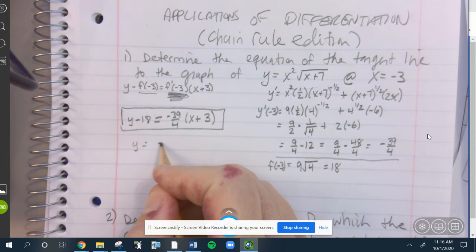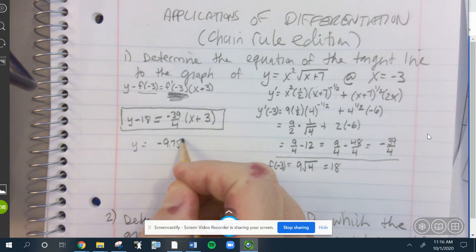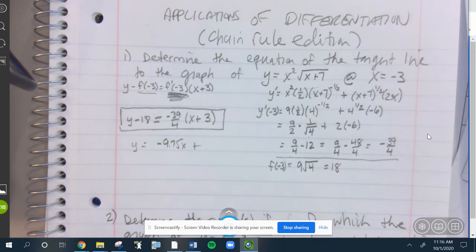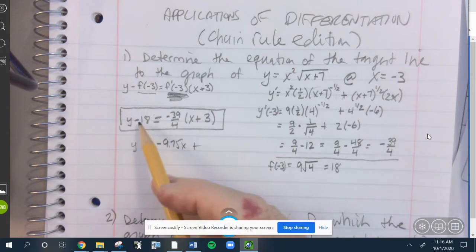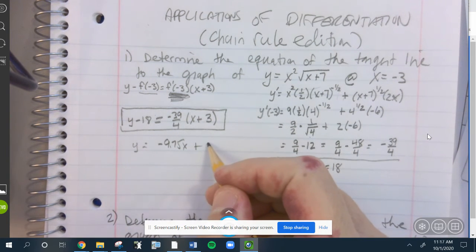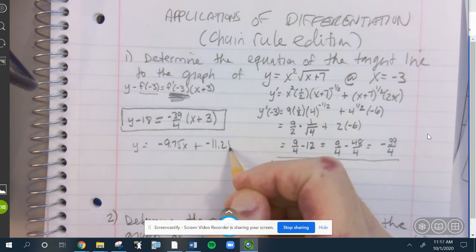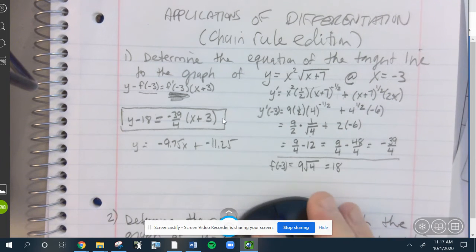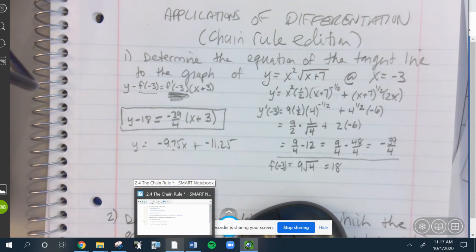So we have negative 9.75x. We have to multiply that by 3 when we distribute, and then add the 18. So you're doing all this on your calculator, and I got negative 11.25. By the way, do not do this unless you're checking on your calculator. This boxed answer is fine.